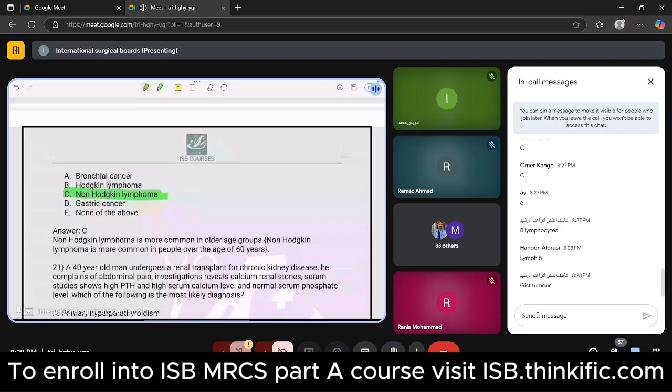The next question: if you take a malignant cell from a non-Hodgkin lymphoma growth and do immunohistochemical staining, do you think you will see B cell markers or no?